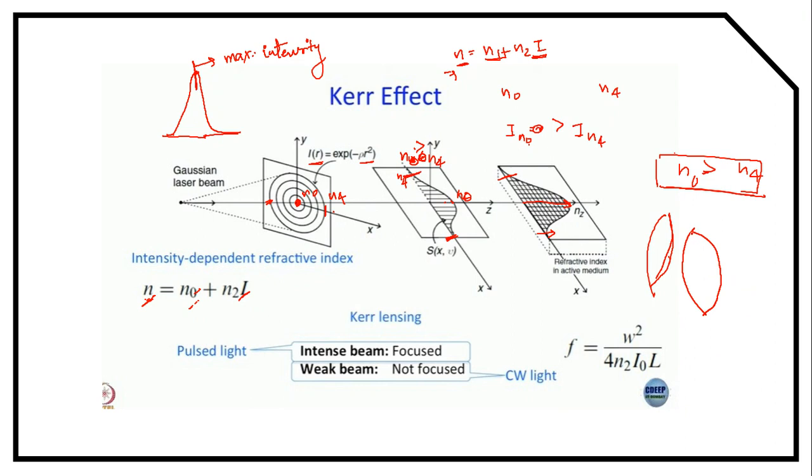If you draw the optical axis, you will see that this portion has more refractive index and this portion has less refractive index.